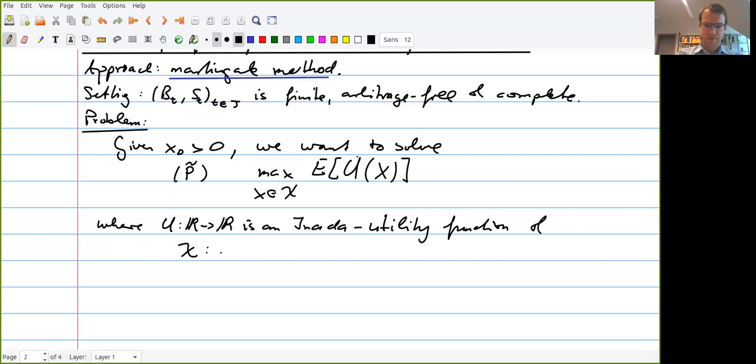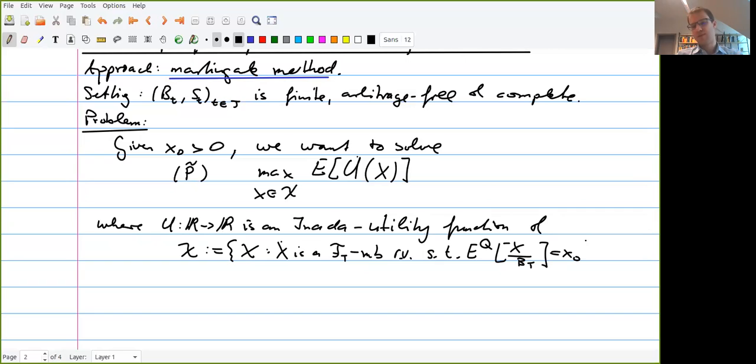And then we had here the set X, where X is F_T-measurable, just a random variable, such that the price we have to pay is x0. So these are all the payoffs which have the price x0.